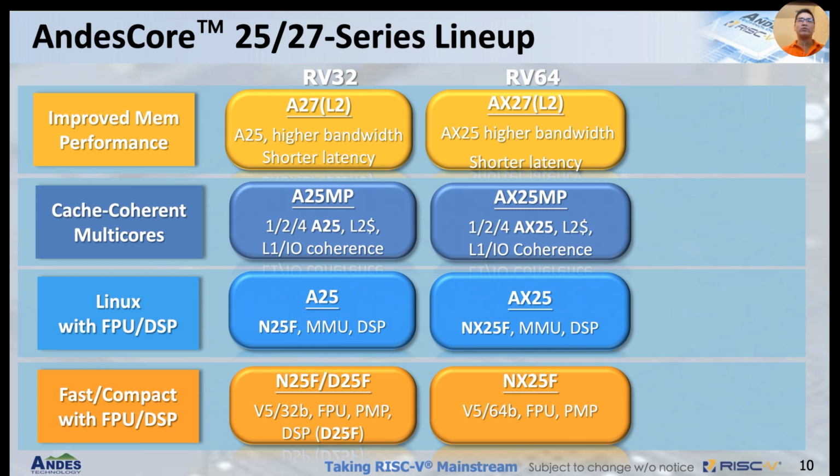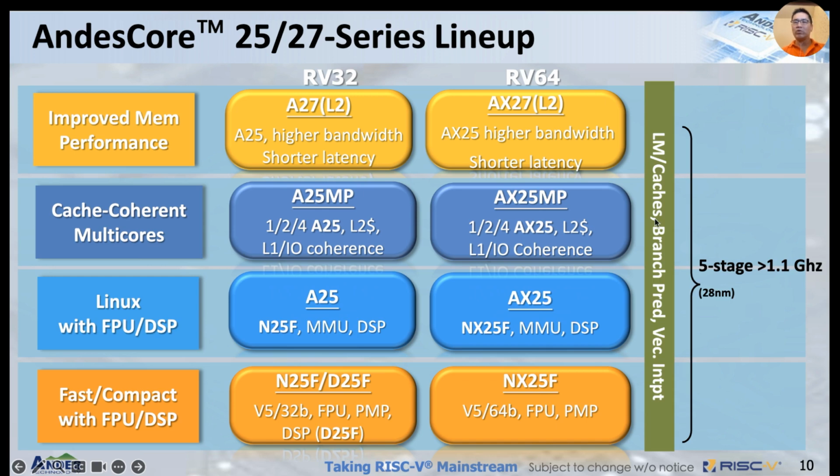It can provide over 2x the memory bandwidth and also about half the latency compared to the A25 processors. And all the cores in this family share some similar features like configurable local memory and caches, configurable branch prediction, and vector interrupt controller. They are all 5-stage processors, and on the 28 nanometer process can achieve around 1.1 gigahertz.